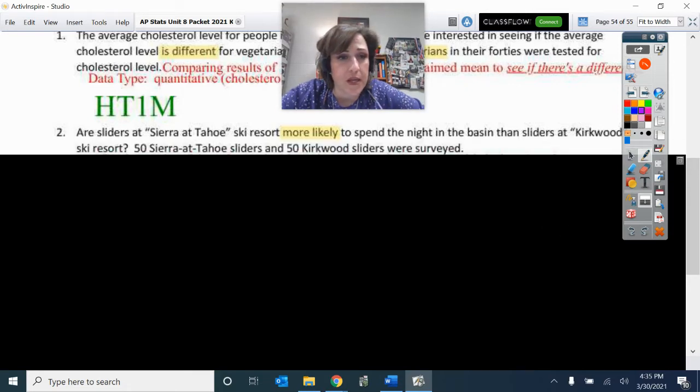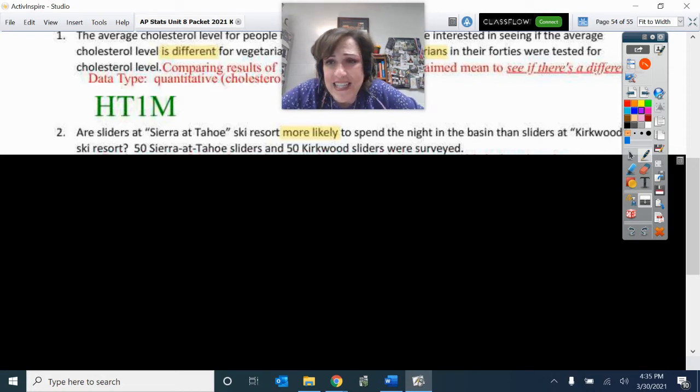Okay, so 50 Sierra at Tahoe sliders and 50 Kirkwood sliders were surveyed. Okay, so I see two different samples. So I'm already thinking it's two means or two proportions, because I also see those 50 at Sierra at Tahoe are different than the other 50. So two independent samples. Okay.